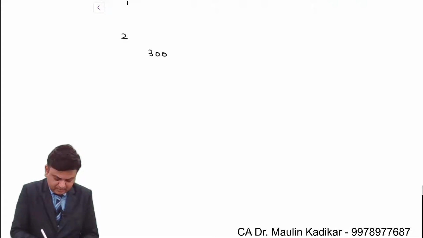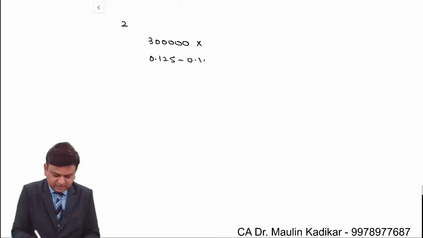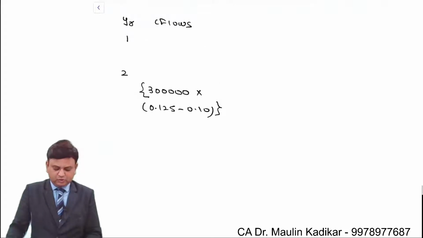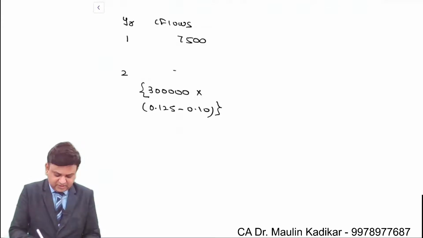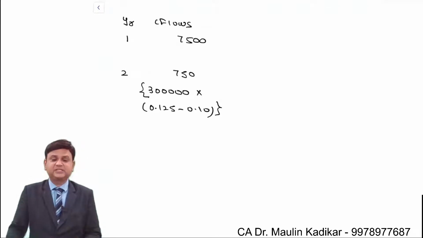So 3 lakh rupees into 0.1250 minus 0.10. So 2.5% is the rate at which you will be able to save the interest. 3 lakhs into 2.5 percentage comes to 7,500. First year 7,500.